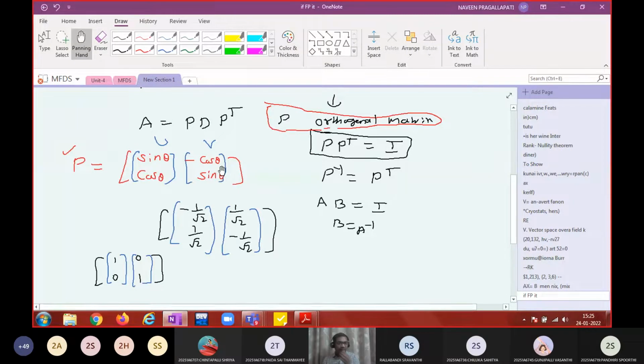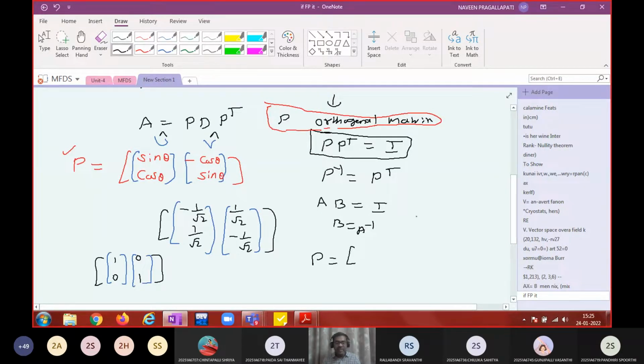The vectors of an orthogonal matrix form an orthonormal basis. So these two form an orthonormal basis for the space generated by u and v. They are not just u and v, they are actually u cap and v cap because their norm is 1.